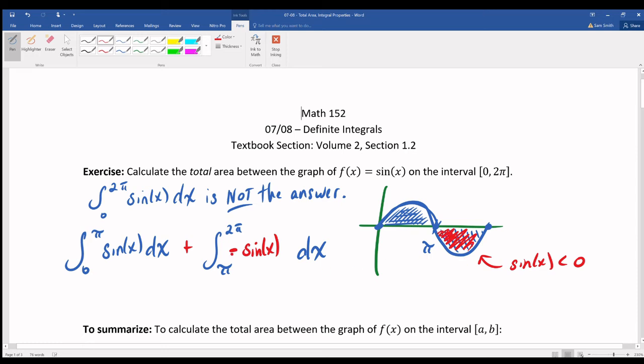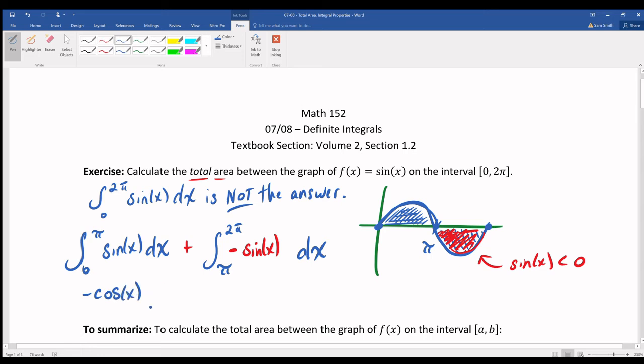My hope is that by counteracting this negative area with another negative sign, I will get a positive area for this region, as I am looking for total area. Both should be positive.